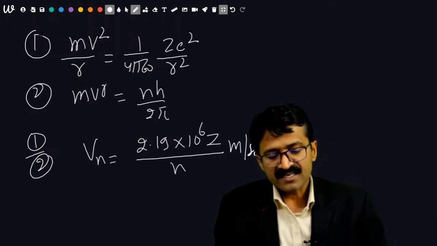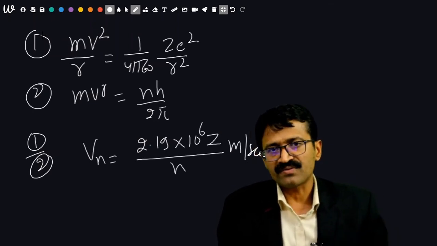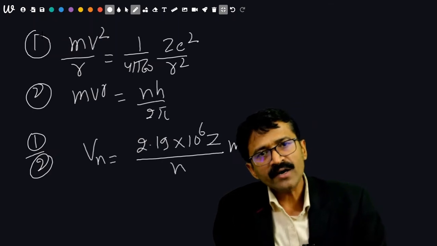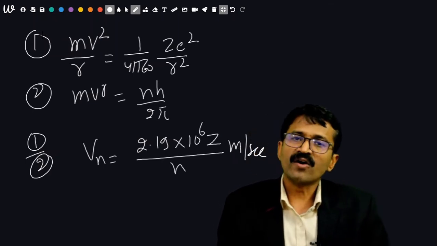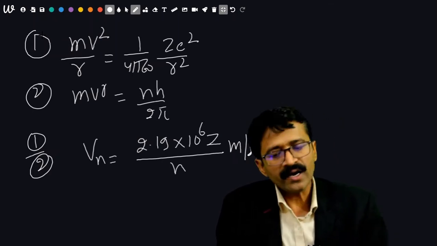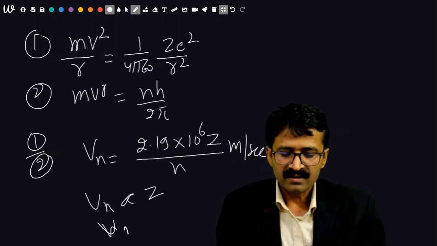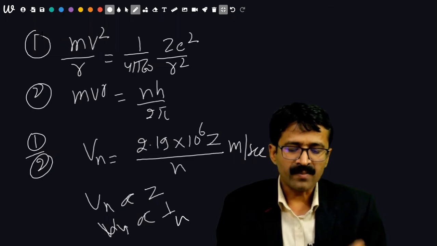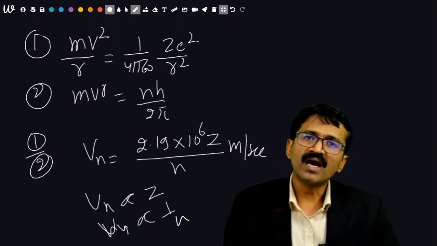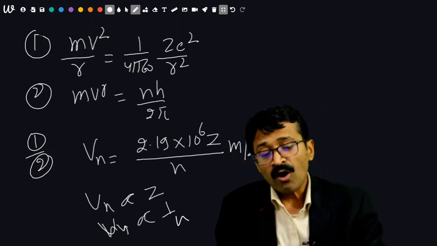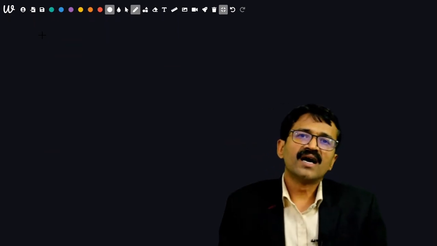This indicates that with the increasing order of the orbits, velocity goes on decreasing, and with increasing order of atomic number, velocity goes on increasing. That is Vn proportional to Z, Vn proportional to 1 upon n. This is all about the orbital velocity. Now we shall discuss about the energy.